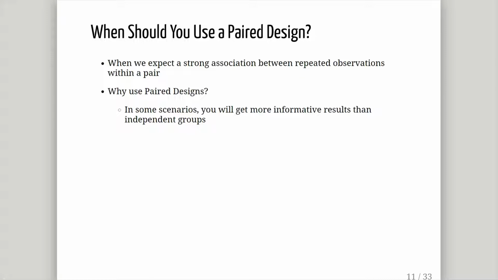And are they going to give me better answers? If that's the case, then you should take advantage of those comparisons and use a paired design. Before and after situations are great for paired designs.